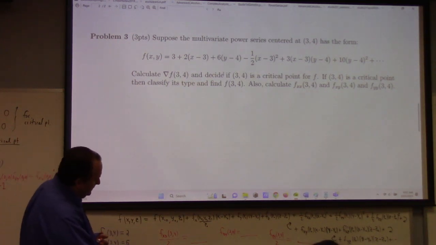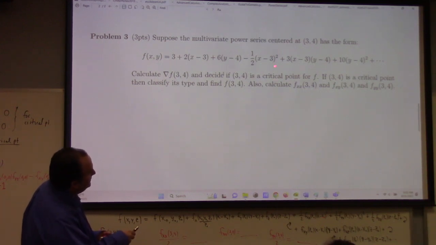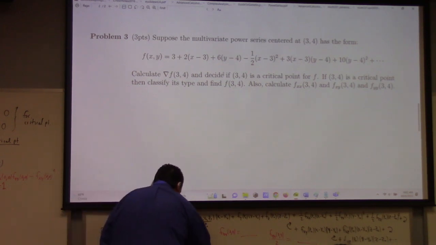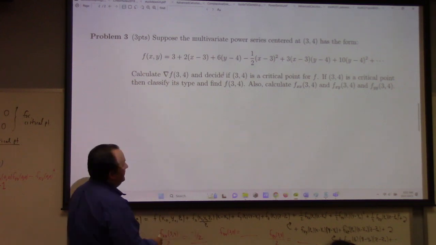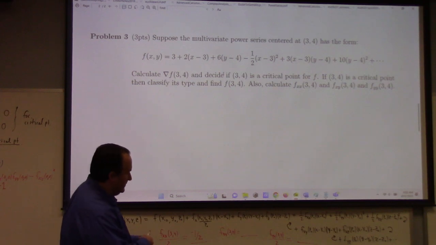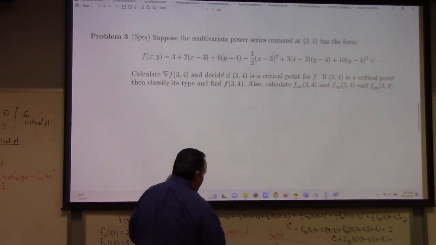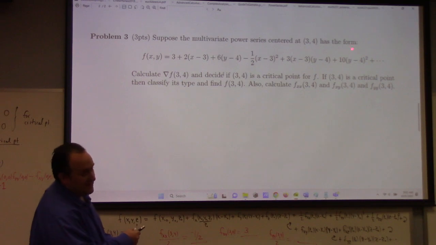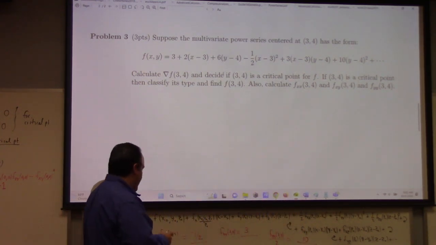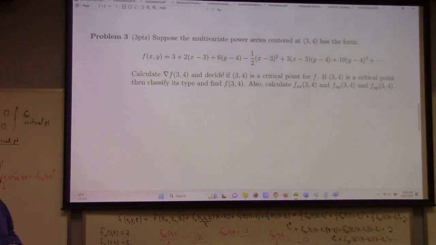See? The 1/2 x squared term that's here makes me put a minus 1/2 here. How about xy? That's here. I get a 3 there. yy? I've got a 10. So you guys can then easily figure out that fxx is -1, fxy is 3, and fyy is 20 at 3, 4.